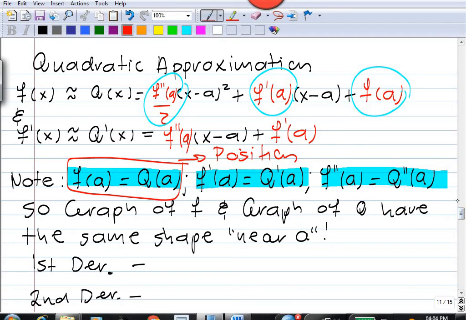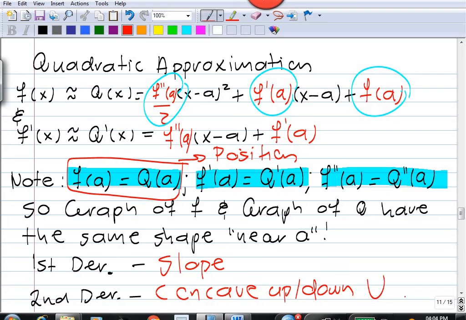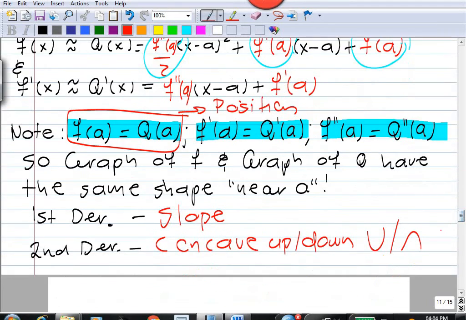The derivatives of a function determine the shape of its graph. The first derivative gives you the slope. The second derivative tells you whether the graph is concave up or down. In other words, is your graph opening up towards the top or towards the bottom? So f and q will have graphs with very, very similar shapes near a.